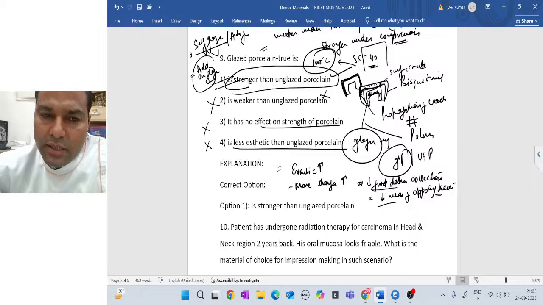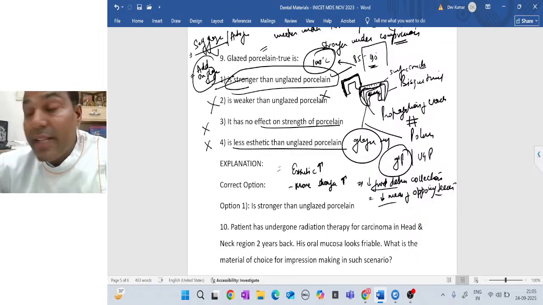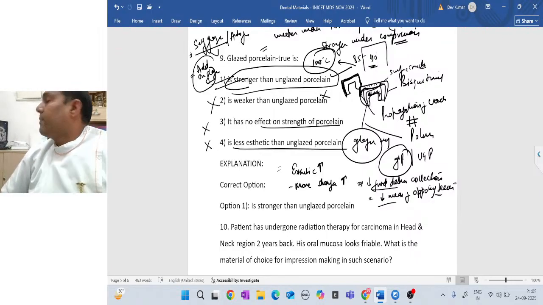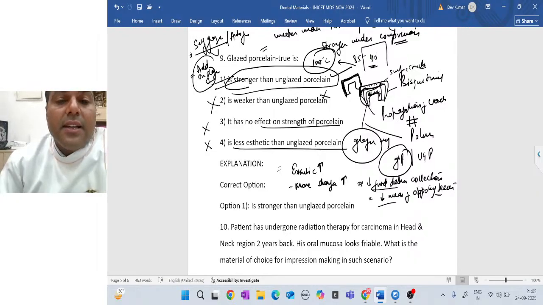Got it? So it is more stronger than your unglazed porcelain. It is more stronger than the unglazed porcelain.